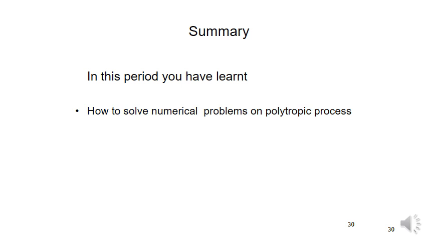In the next class we will discuss some more problems based on the polytropic process, and we will draw a PV graph for the five processes. What are the five processes we learned?